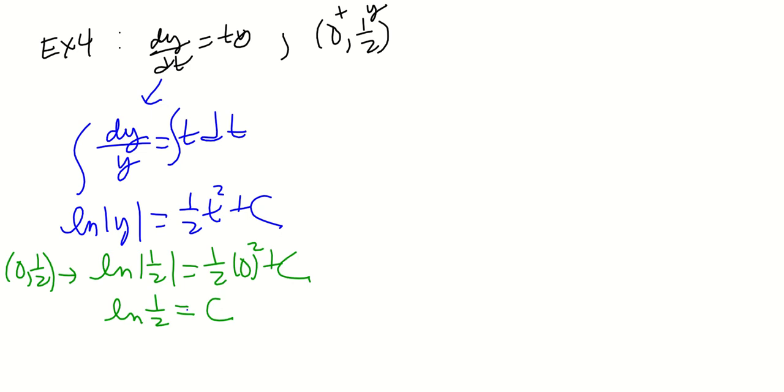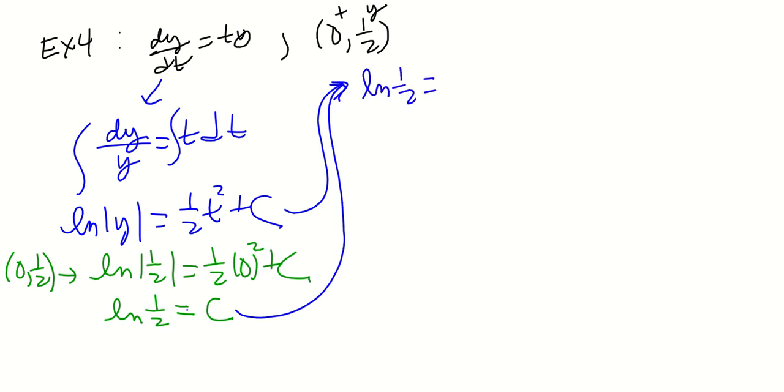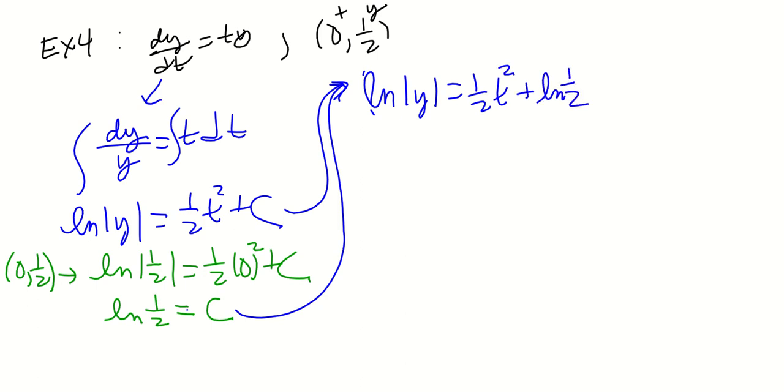Now combining this with this, we get the ln of the absolute value of y is 1/2 t squared plus the ln of 1/2.